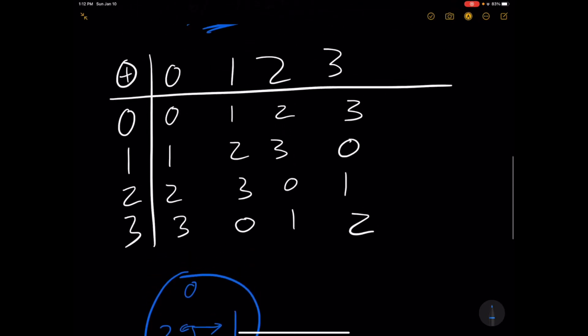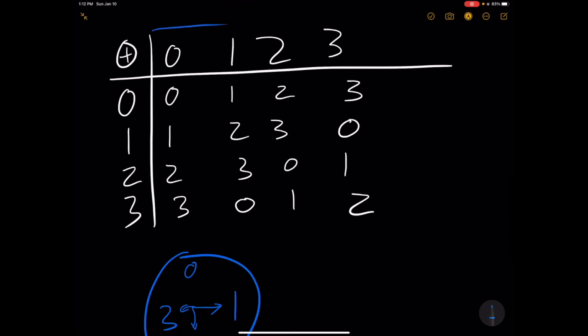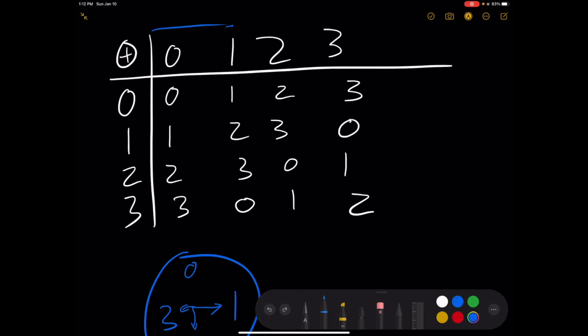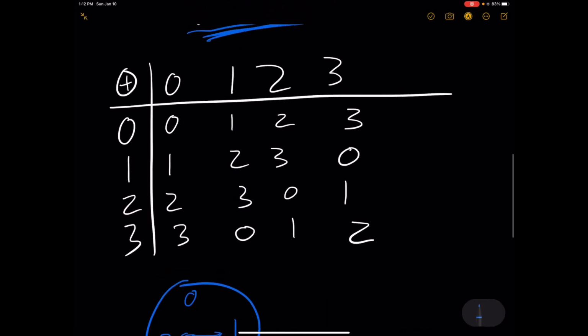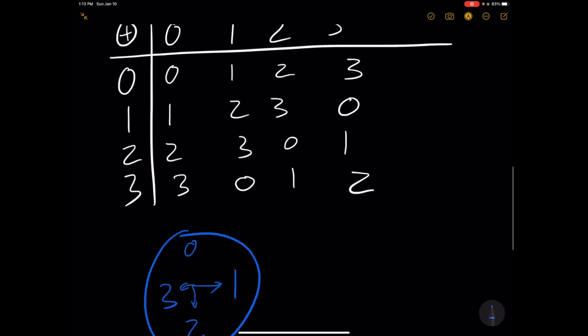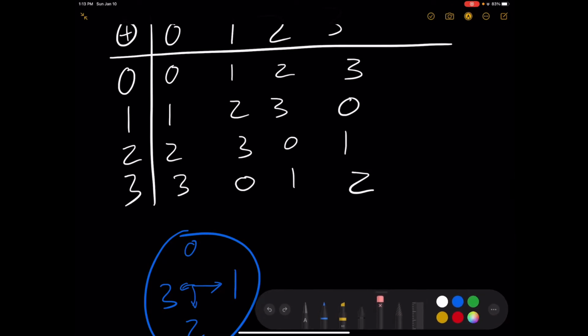So the 1, 2 spot should be 3. And if I go over 1 and down 2, the 1, 2 spot here is 3. So this preset table that I have set up describes the 4-hour clock.